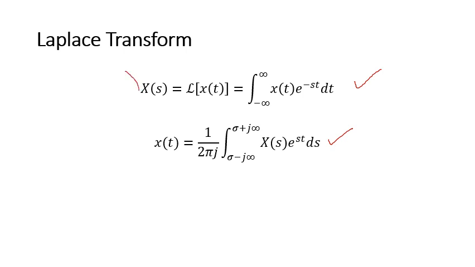If you compare this with the Fourier transform, in case of the Fourier transform we said X of j omega, right?